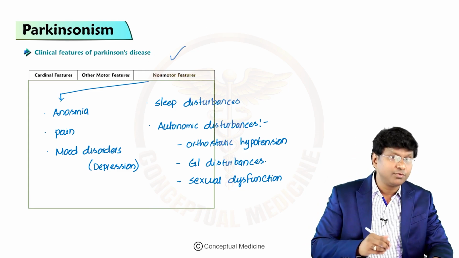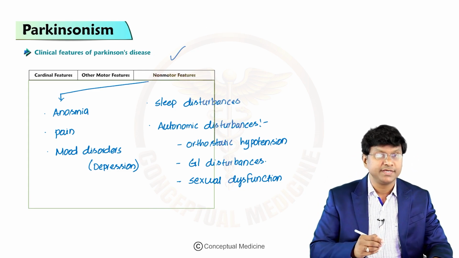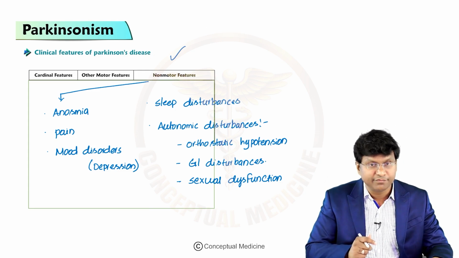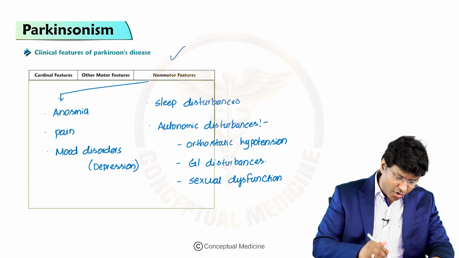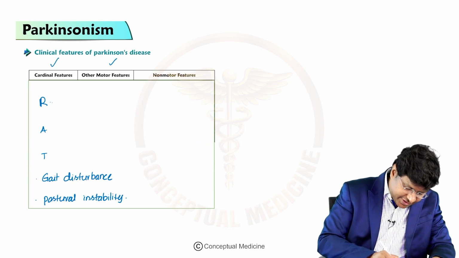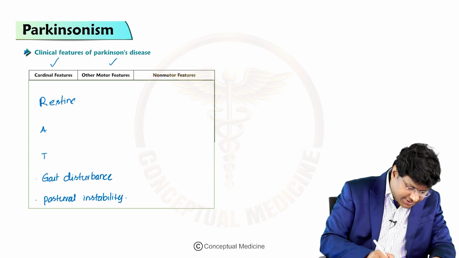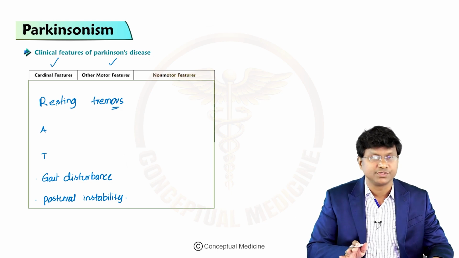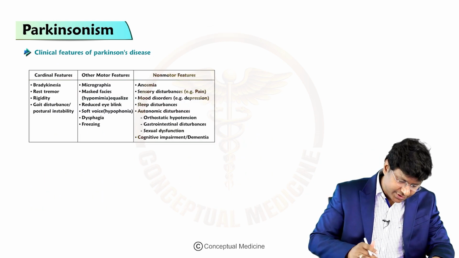And let me tell you about this anosmia. Anosmia precedes the development of motor symptoms by almost 4 years. And among all these, the resting tremors will be the earliest manifestation that you will come across in patients with Parkinsonism.